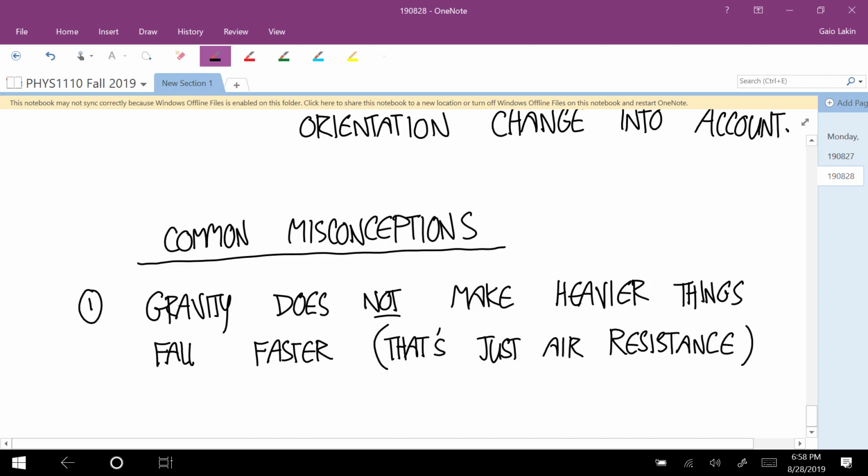And this isn't just lay people who have this intuition. In terms of when physics ideas came about in history, it's pretty recently that people understood how this really worked.